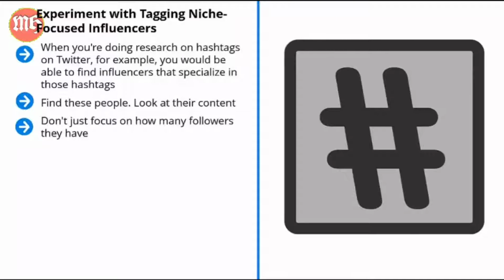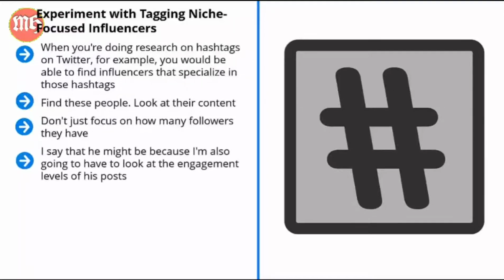If he's only following one person, yet he's being followed by 15,000 people, Mike Smith might be an influential person. I say that he might be because I'm also going to have a look at the engagement levels of his posts. Are his posts getting a lot of retweets? Are a lot of people responding? Are a lot of people clicking the heart icon?